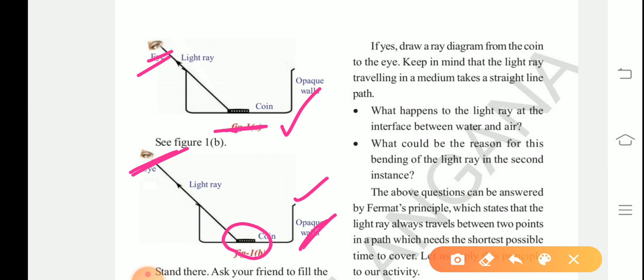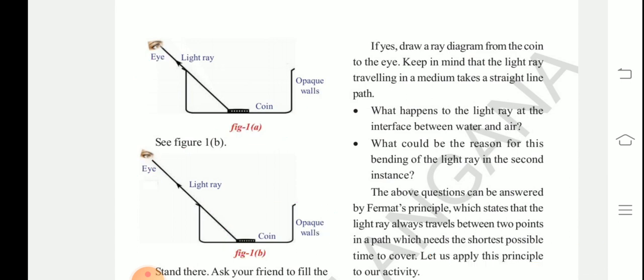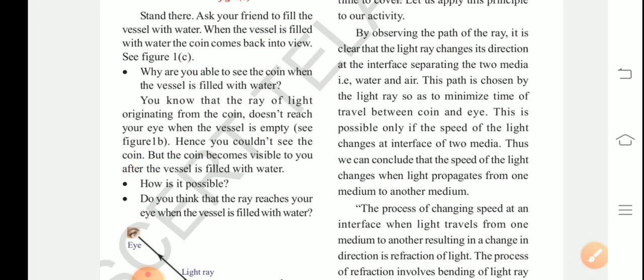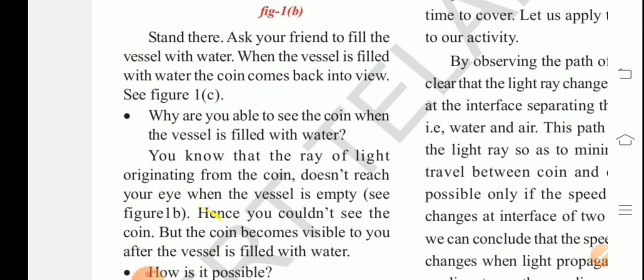For example, if the vessel is filled with water, what happens to the ray of light, and what changes will you observe? Let us study this. Stand there and ask your friend to fill the vessel with water.